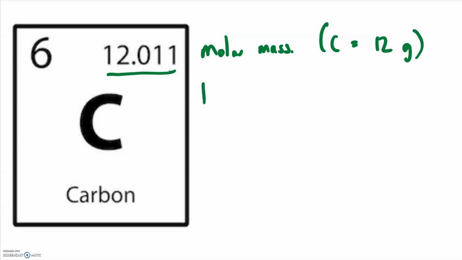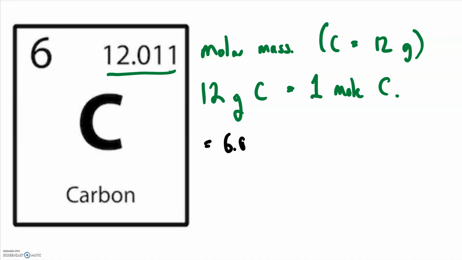This means that 12 grams of carbon is 1 mole of carbon. And that means that 1 mole of that carbon, if you have 12 grams, is equal to 6.02 times 10 to the 23rd atoms of carbon. We're going to worry about that later.